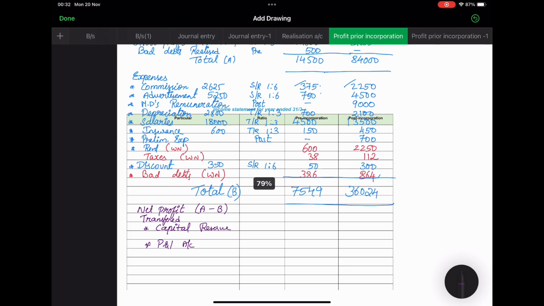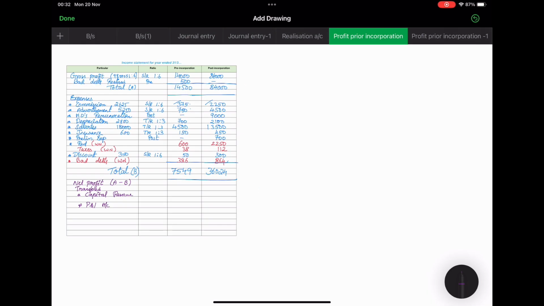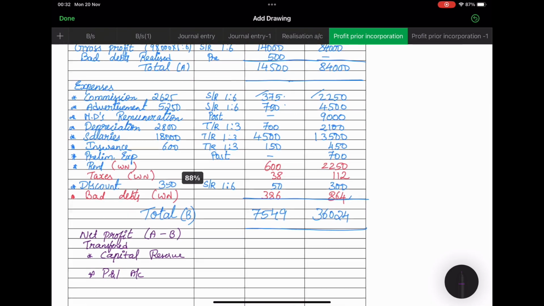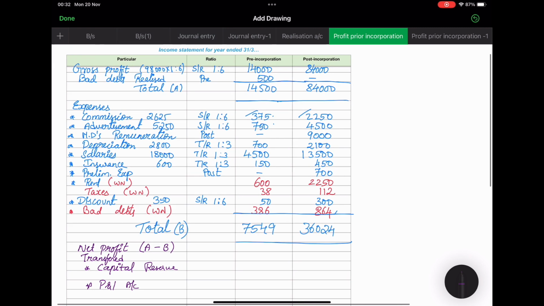Okay, so this is the question now. See how much total? 14,500. 14,500 minus 7,049 will be the value of 6,951, and if you minus 84,000 minus 36,024, the value will be 49,000.